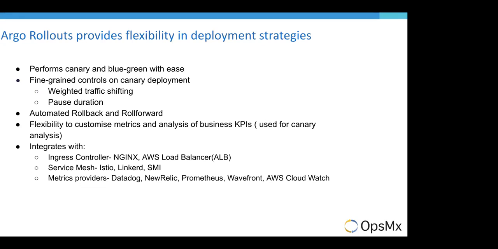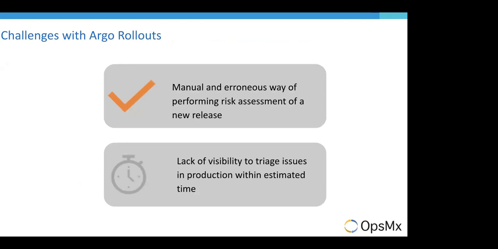While this is all true, there are some challenges with Argo Rollouts. The process of risk assessment is not so reliable, because the metrics used there would be just basic metrics. There is no in-depth analysis. It's not completely reliable, being based just on the metrics we give in the analysis template.